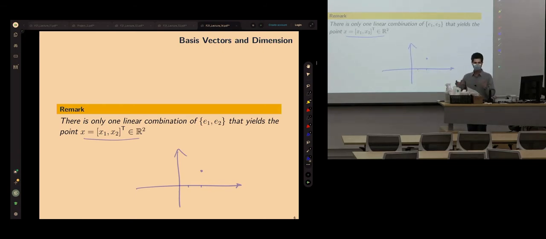There is no such thing as two points overlapping with the same exact magnitude along the horizontal and vertical axis. They're unique. Same is true for vectors. We talked about it. So it is not very difficult for you to convince yourself that this is true. Same idea that we're talking about here. You could think about this to be E1 and E2.